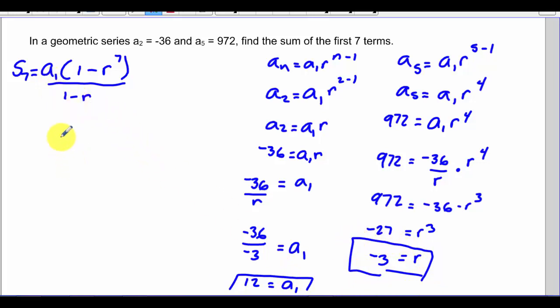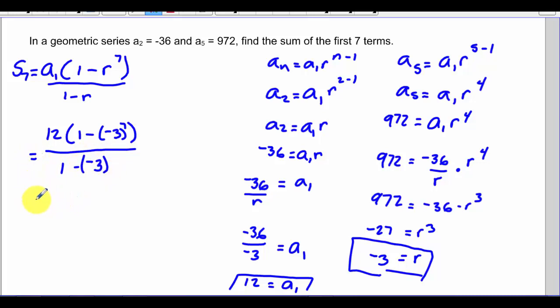So I go back over to here, say my first term is 12 times 1 minus that ratio of negative 3 raised to the 7th power all over 1 minus that ratio of negative 3.